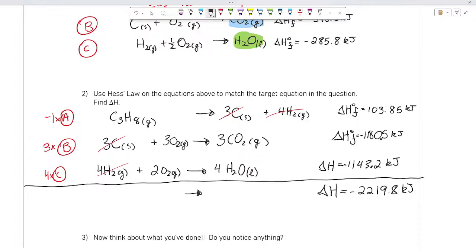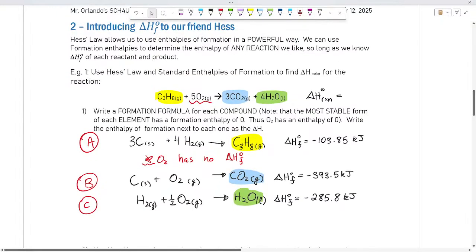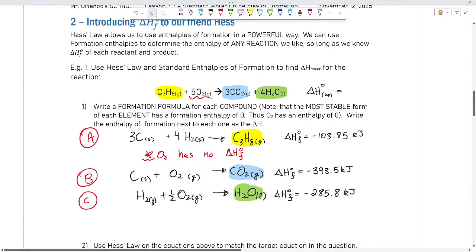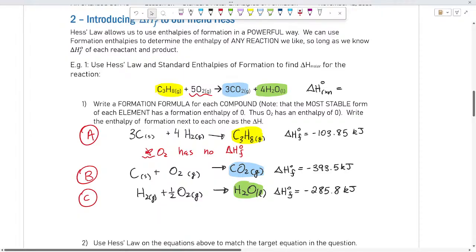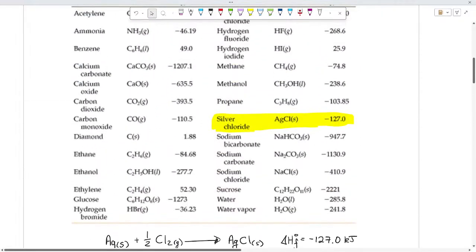Yeah, 3 O2s and 2 O2s will give us 5 O2s, gases, and C3H8 is a gas, and 3 carbon dioxide, which is a gas, and 4 waters rather, which is a liquid. And what do we notice? That is, in fact, our target reaction. So, we figured out the delta H of a reaction by actually just looking at this chart. Does that make sense?